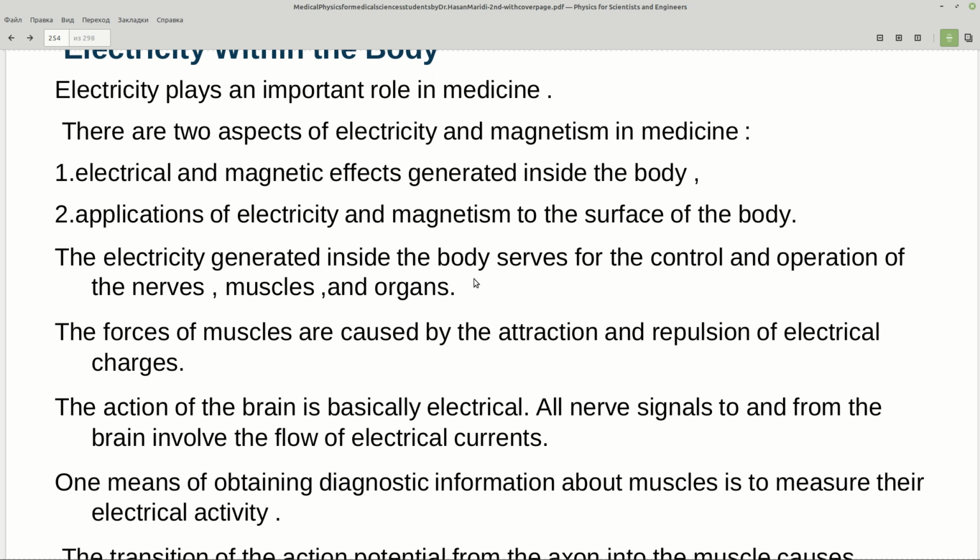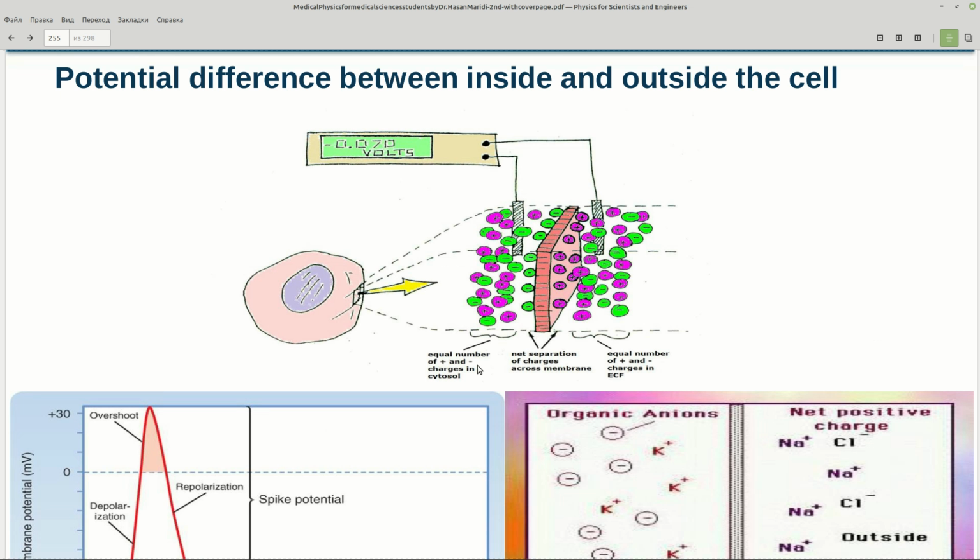You can read more in Levy's Physiology, the 6th edition. They explain this process: the organic net negative charges and the net sodium and chloride on the cell membrane, the difference between the inner and outer space.